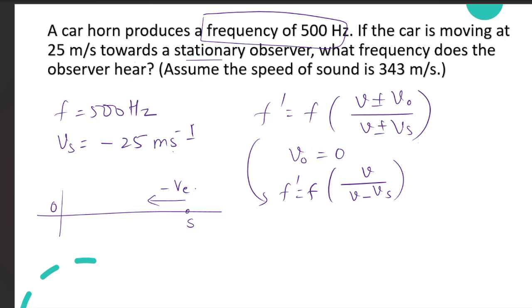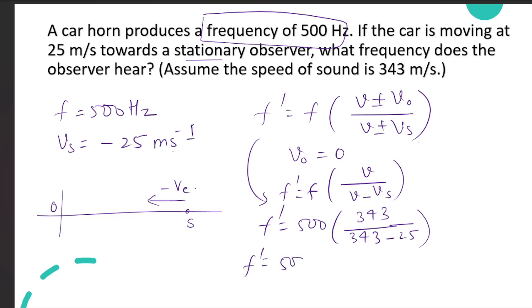Let's substitute the values. F dash is equal to 500 into 343 divided by 343 minus 25. 25 is the speed of the source. So here we are getting f dash is equal to 500 into 343 divided by 318.